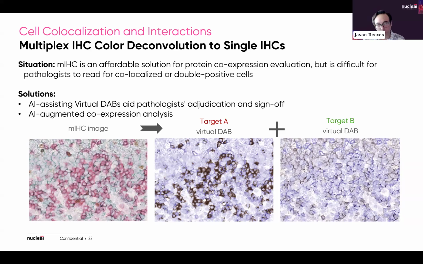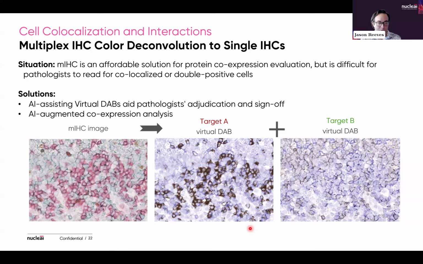So in addition to our standard models that can classify cell types, we've built tools that help provide virtual DAB stains so that you can take a multiplex chromogenic assay and make it more pathologically readable from a standard perspective.